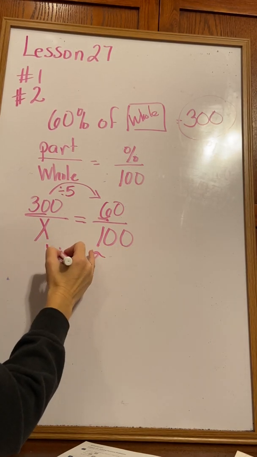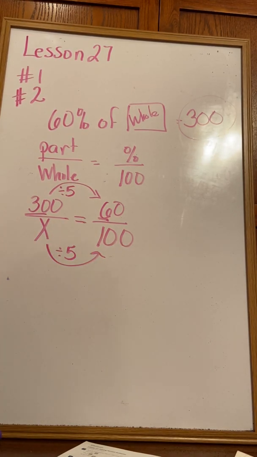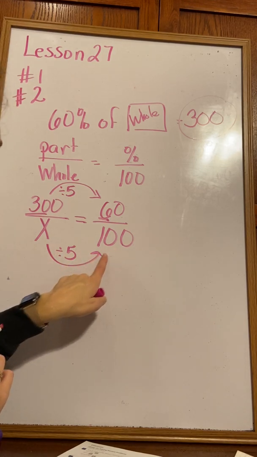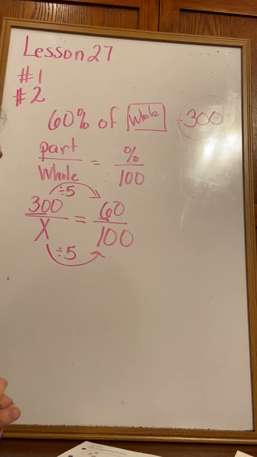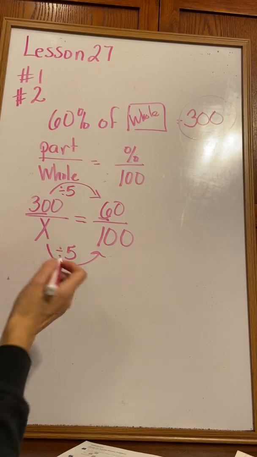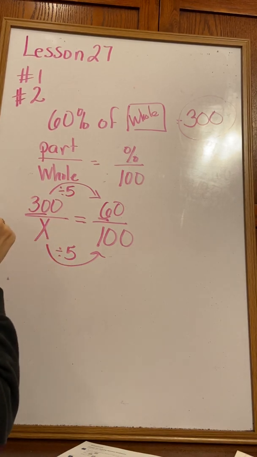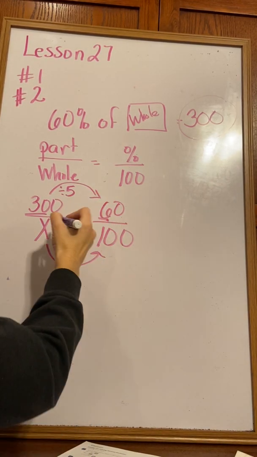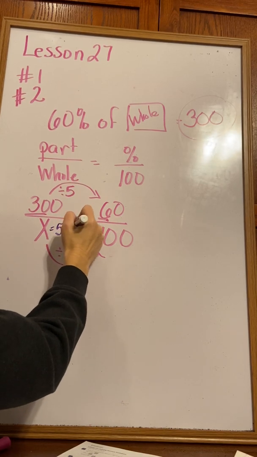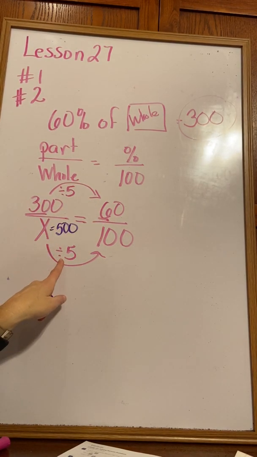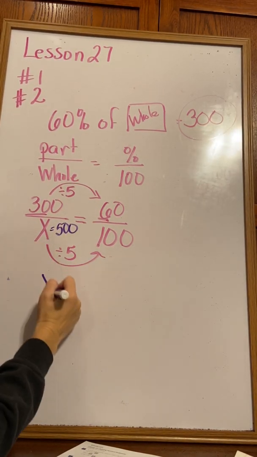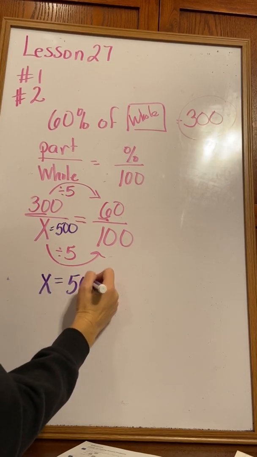So what divided by 5 equals 100? You can always flip that around and say, well, what is 100 times 5? 100 times 5 is 500. So this little x right here is going to be equal to 500, because 500 divided by 5 is equal to 100. X equals 500.